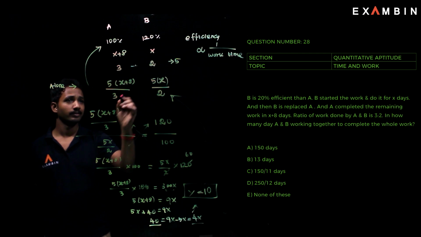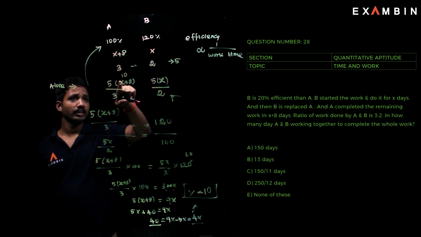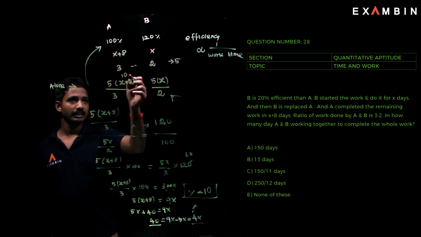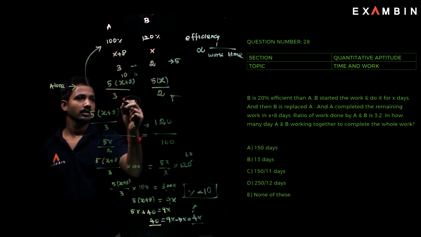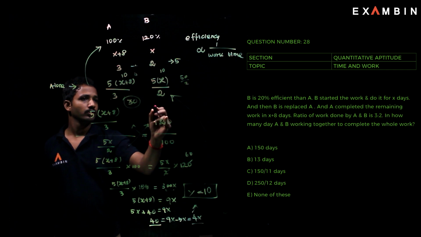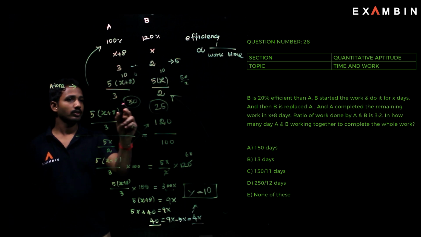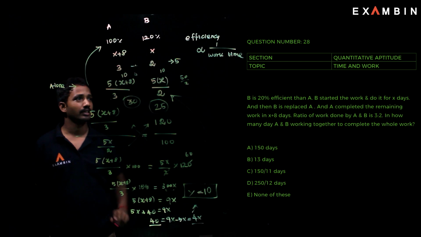Applying 10, 5 into 18 divided by 3. 18 by 3 is 6. 5 into 6, 30 days. For B, applying 10, 5 into 10, 50. 50 by 2, 25 days. So A alone can complete in 30 days, and B alone in 25 days.